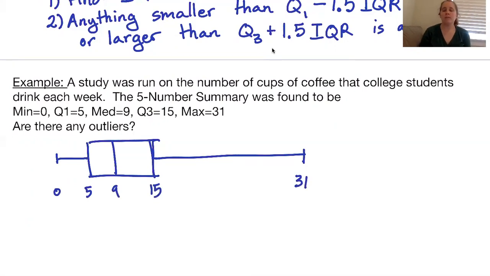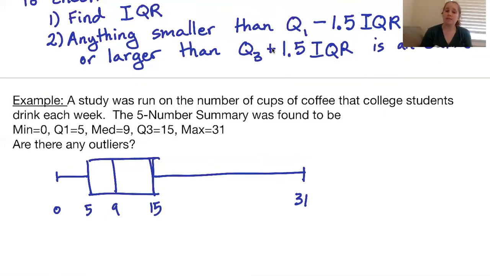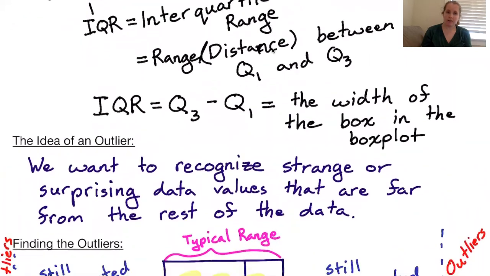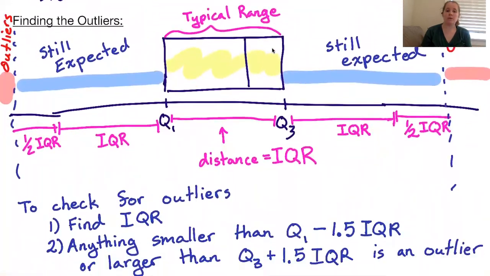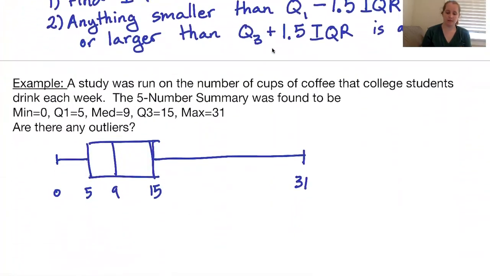At 0, the minimum, the smallest data value, is awfully close to our box. So I would be highly shocked if that were considered to be an outlier. That 31, on the other hand, is awfully far away from our box. So it's possible that that maximum of 31 is actually an outlier.